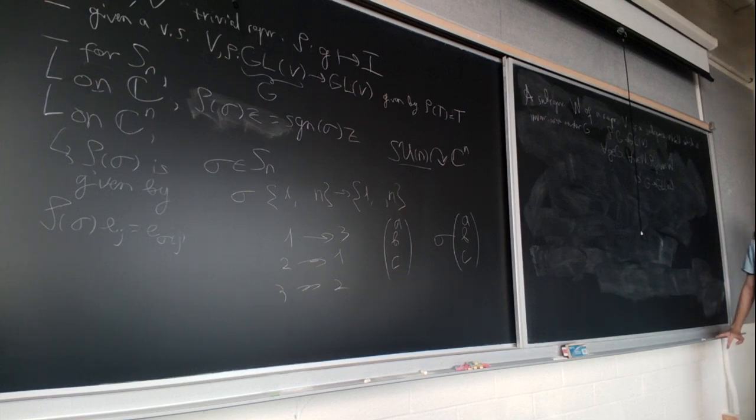Well, rho of g is an invertible linear operator. Let's say I have an invertible linear operator T, and I have some W which is T invariant. Furthermore, we can restrict T to W. That's the idea, and it will still be an operator.